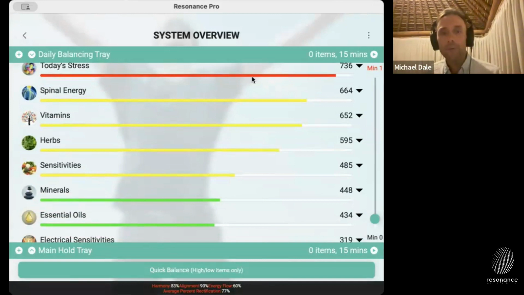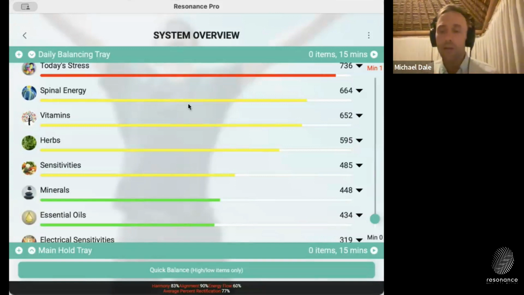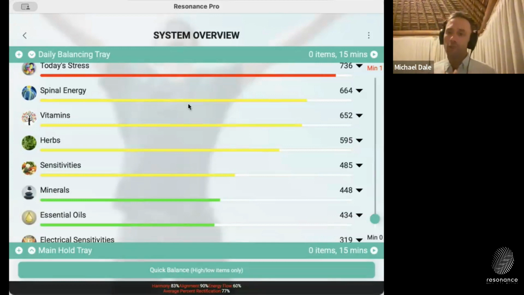Now, there are a couple of different ways we can approach this as practitioners, and this is where you really have to develop your skills and really be in tune with your clients. If you feel like a client is a bit skeptical about bioresonance, they're not that familiar with it, and they need a bit more time to adapt to it, then another quick balancing might be helpful.